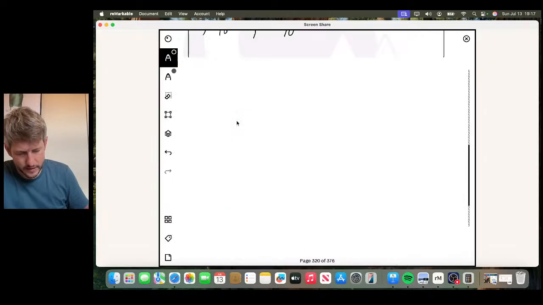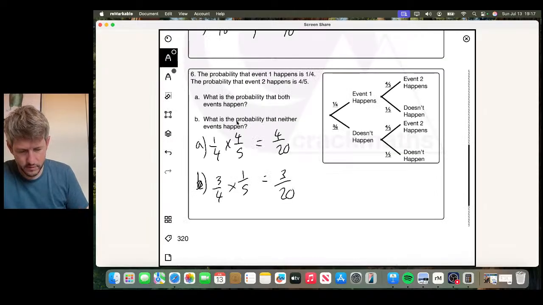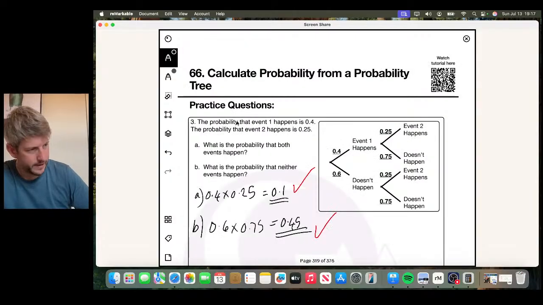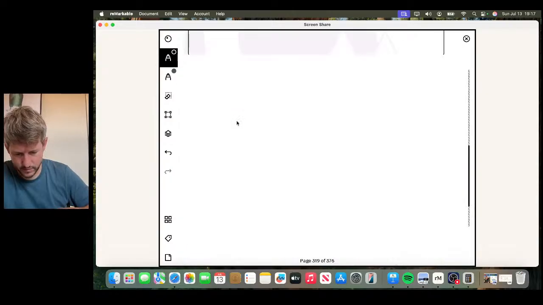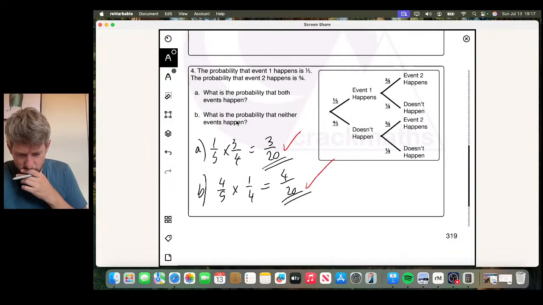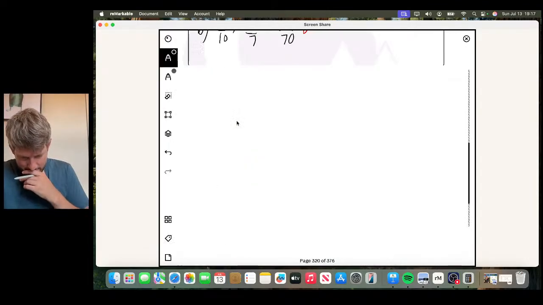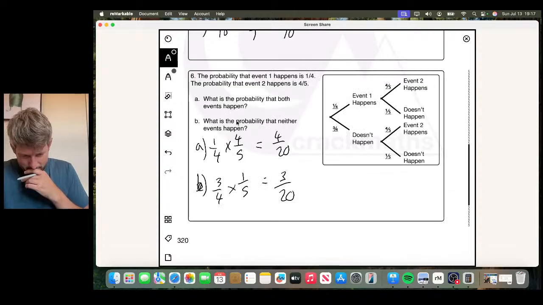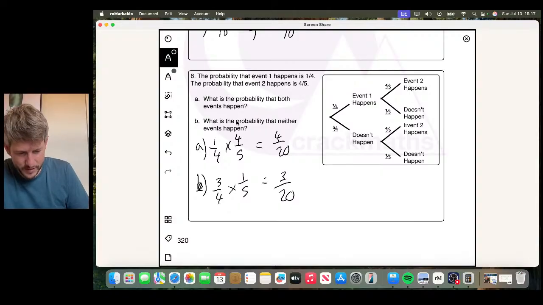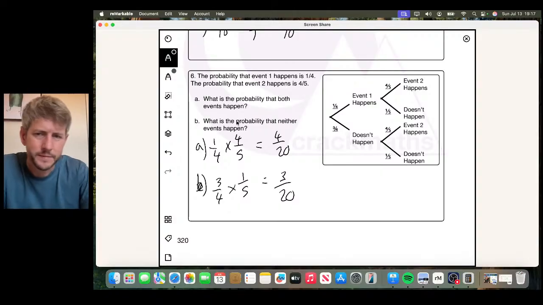Is this exactly the same question? I think this is exactly the same question. Right, I think... yes.